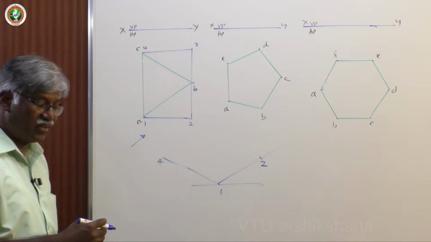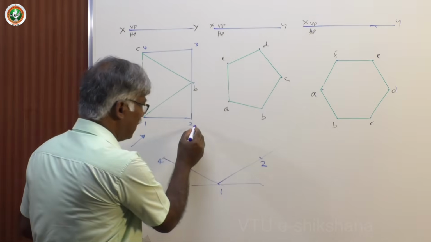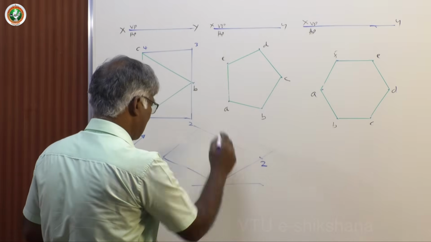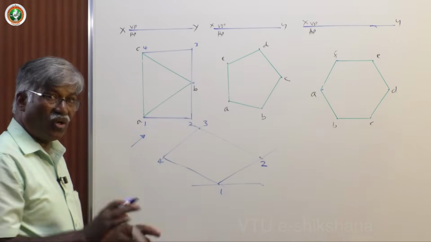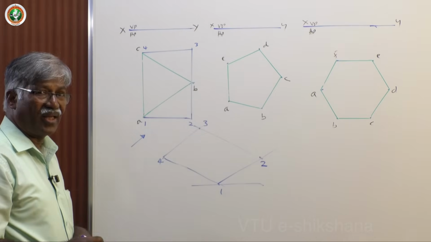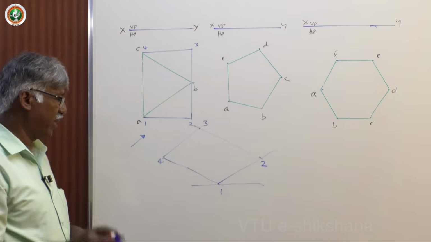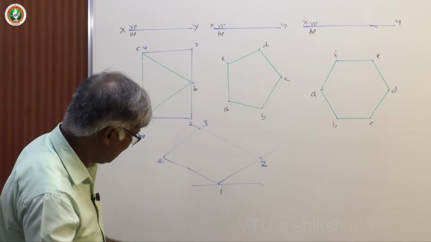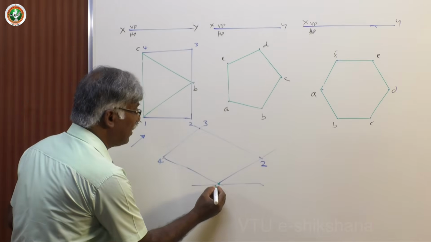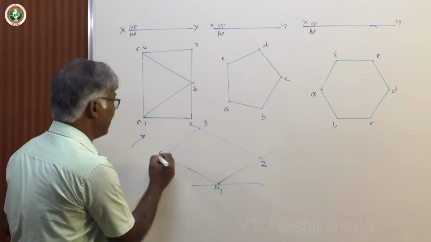Now draw parallels for this. Now if I draw parallel to these lines already drawn, this becomes 3. This is how you draw the isometric position of a rectangle. Isometric position of a rectangle is always a parallelogram. Now 1 and 4 are coinciding with A and C. It's ready.